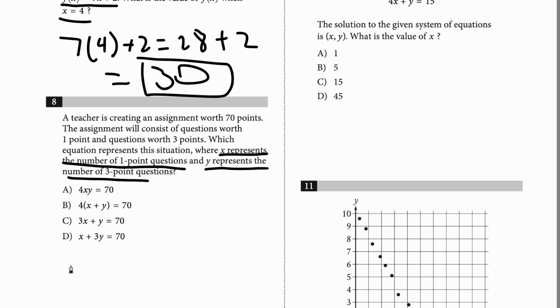So this would be 1x. And similarly, this is how it is for the number of 3 point questions. If each question is worth 3 points, it would be 3 times y. And we put all this equal to 70 points, and 70 points is the total amount of points you can get in this assignment. This is the same as option D.